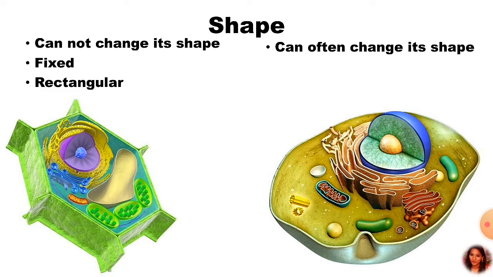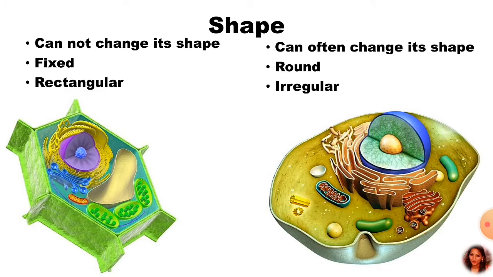But in animals, the cell can often change its shape because animals need to move for their variety of functions. They are majorly round and majorly irregular, because as per their movement and requirement they need to change their shape regularly.